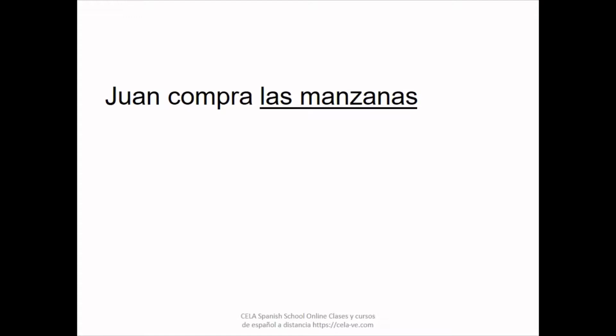Let's replace the direct object by a pronoun in this sentence. Las manzanas is feminine plural. I replace las manzanas with the feminine plural direct object pronoun las and place the pronoun in front of the conjugated verb, in this case in the present tense. Juan las compra.